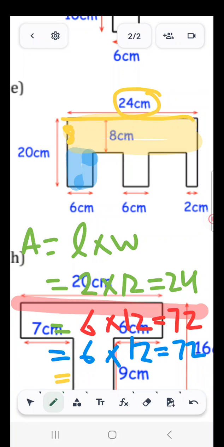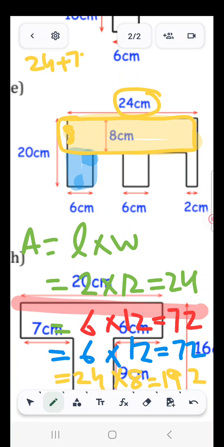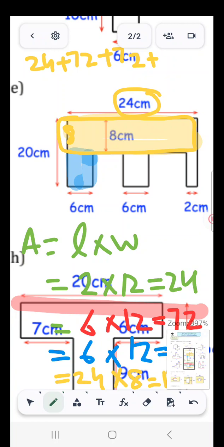So this yellow rectangle, I am again clarifying, is 24 times 8. 24 times 8 makes 192. And now if you add them up, 24, add 72, add 72, add 192.